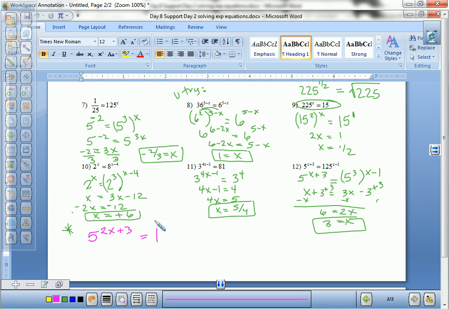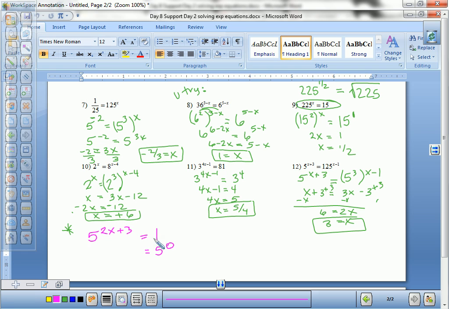Well, I'm going to write the bigger number as a power of the smaller. 1 to any power is still 1, so that's not going to work for me. So is it possible to rewrite 1 as a power of 5? Any number to the 0 power is 1.